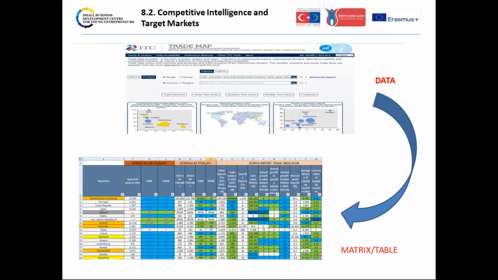Look, the first is your customer's country, how many US dollars annually this product is being imported to this country, or what quantity or how many kilograms are being imported to your target market, and what is the price, and what are the last 1 year and last 5 years growth performance.